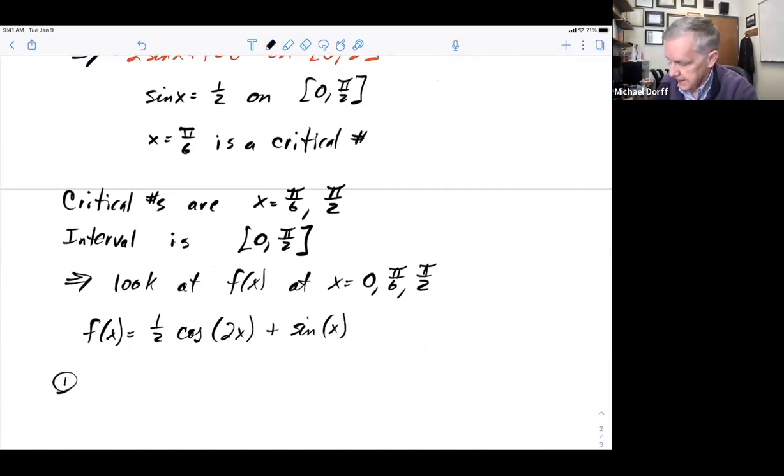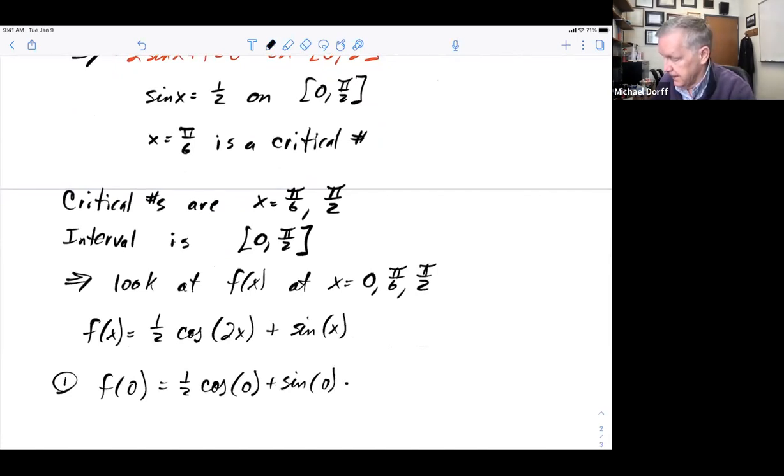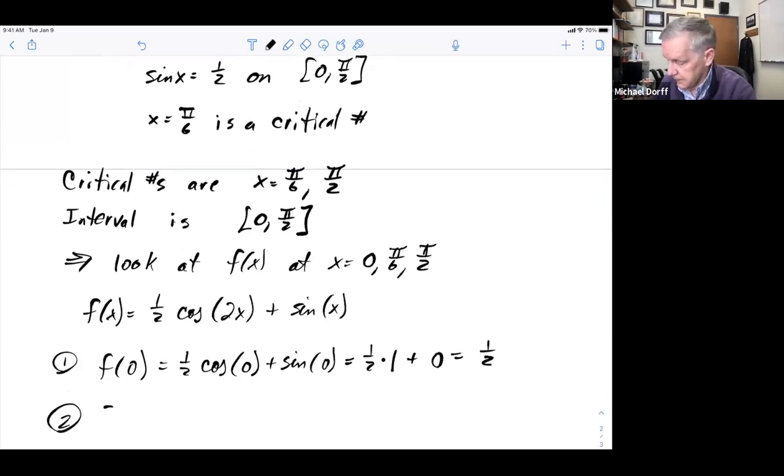So first we'll look at f of 0. I'll put 0 in for x there, and I get 1/2 cosine of 0 plus sine of 0. And that's 1/2 times, the cosine of 0 is 1, the sine of 0 is 0, and so I get 1/2 for that.